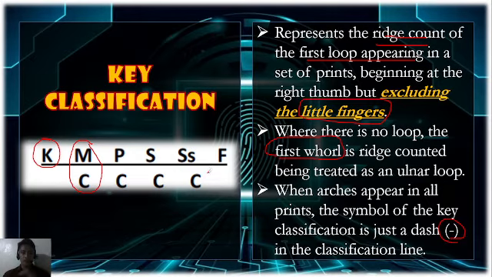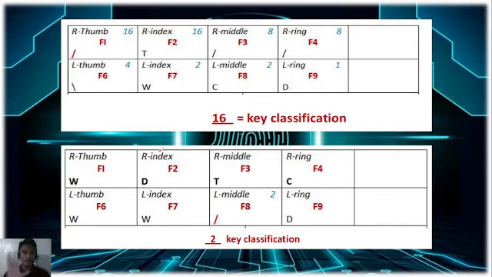Now, let's try an example on how to obtain the key classification. Let's use this as an example. Again, we have the right hand and the left hand. We are going to exclude the right little finger and the left little finger.